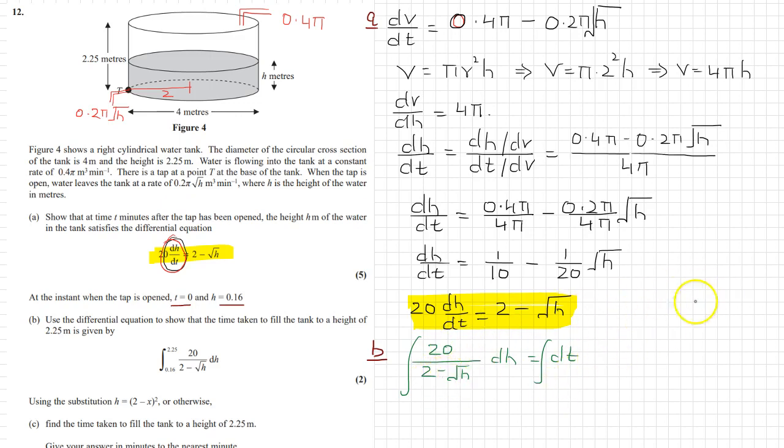So this is 0.16 and this is 2.25 is equal to t. So t can be given by the integral from 0.16 to 2.25 of 20 over 2 minus root h dh.